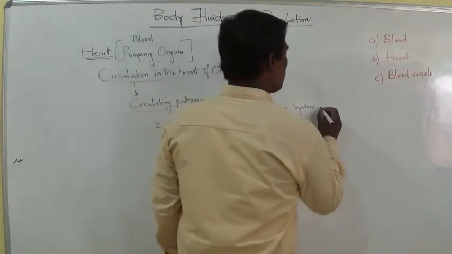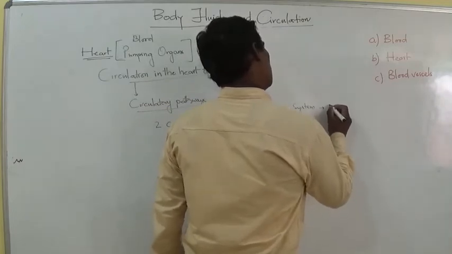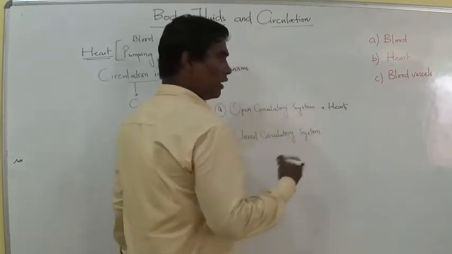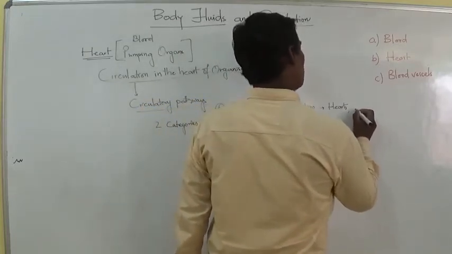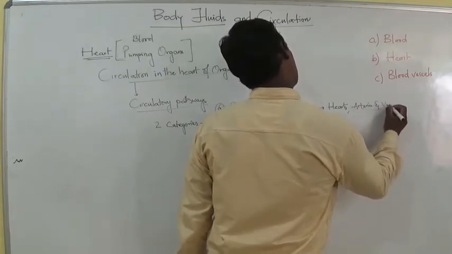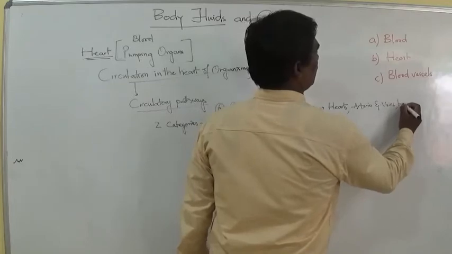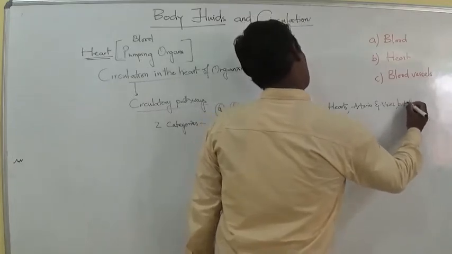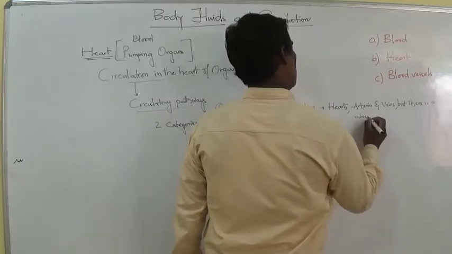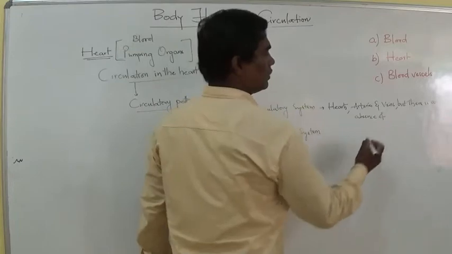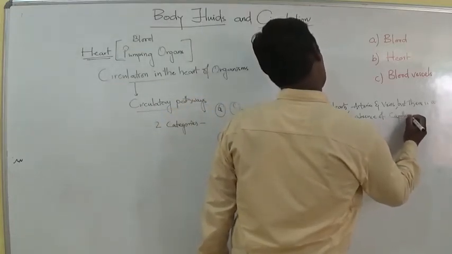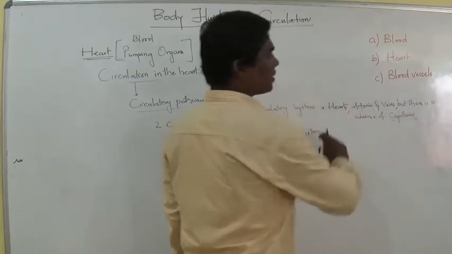In case of open circulatory system, it consists of a heart, a pumping organ. It consists of arteries and veins, but there is an absence of connecting vessels, called capillaries, between veins as well as arteries.